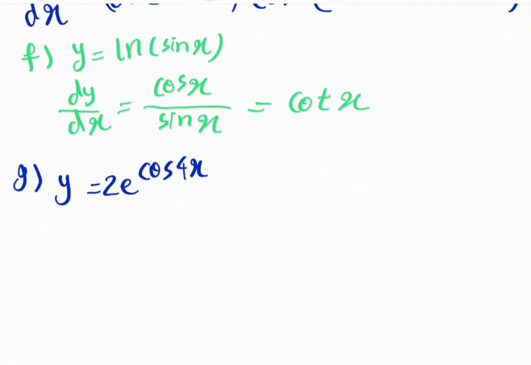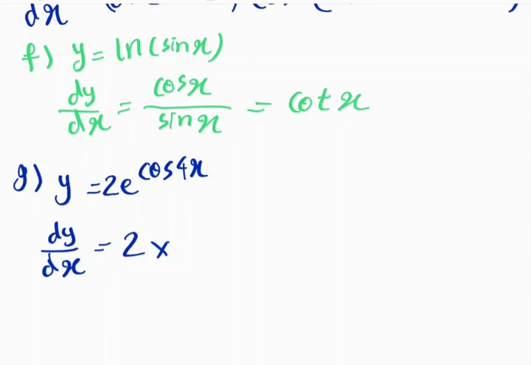Right, so G is y is equal to 2e to the power of cos 4x. So this is similar to one of the previous examples that we did. We need to differentiate the power, so cos 4x. First, let's just write down 2 times the derivative of the power.